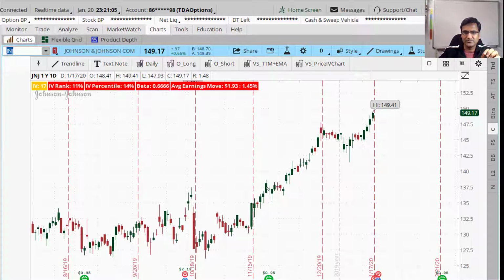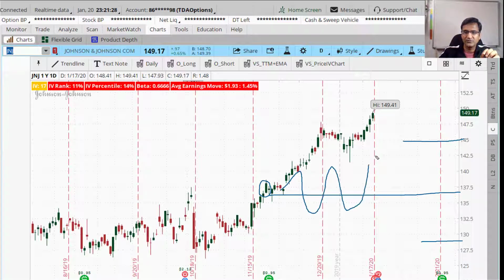So J&J was somewhere here around, let's say, 135, and when we opened the strangle, we opened it at $125 and $145, and our assumption was that J&J can move up or down, does not matter, as long as it stays between 125 and 145 we will make money.